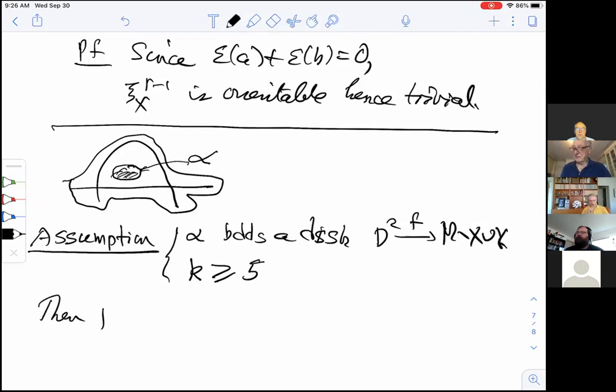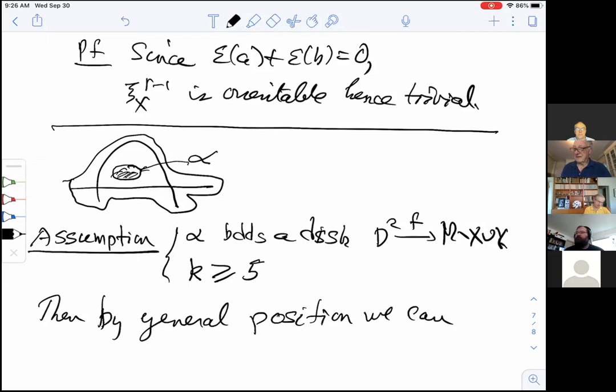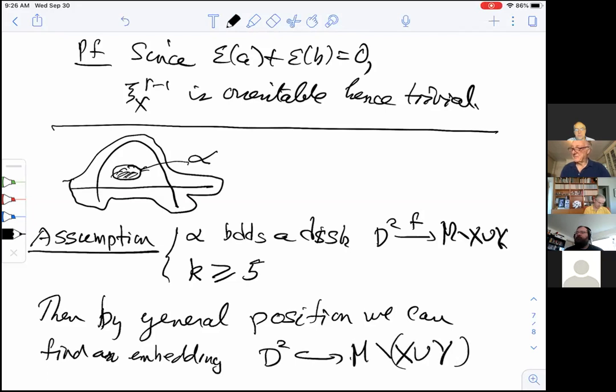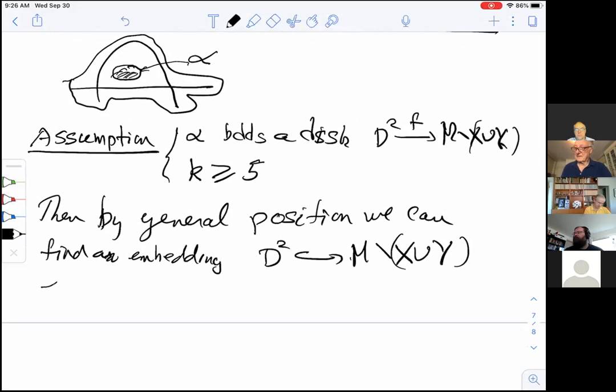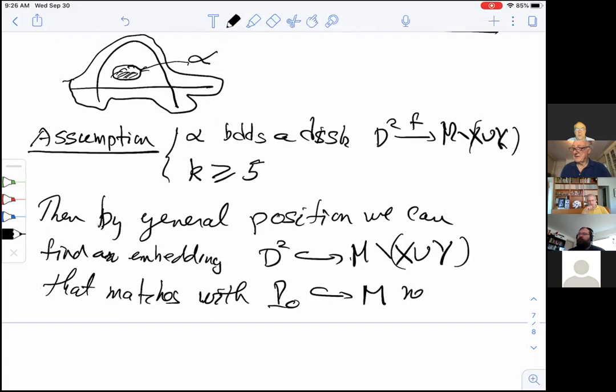Well, then by general position, we can find an embedding of the 2-disk into M minus X union Y that matches with the embedding of P naught into M near alpha.